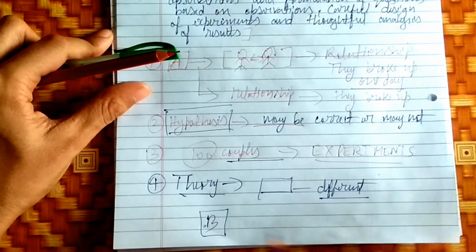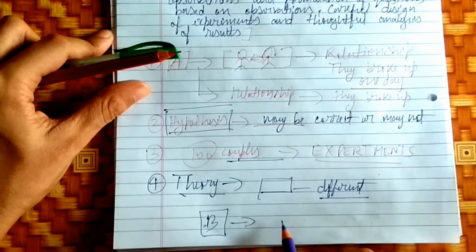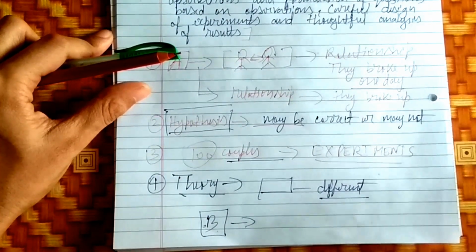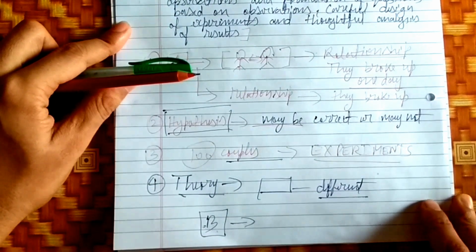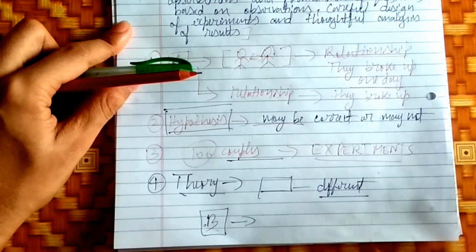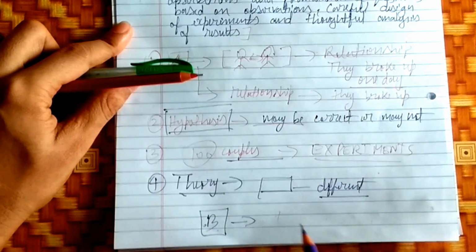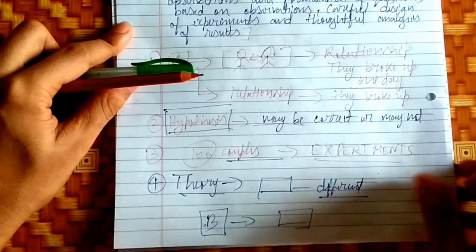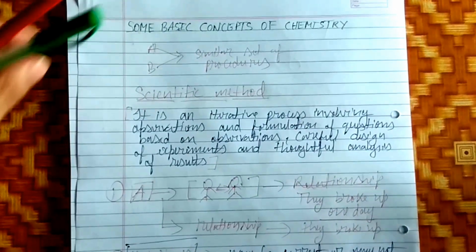But person B said that he has a few exceptions who came into a relationship and stayed together the whole life, which was not explained by person A. So this will be considered a drawback of the theory of person A. So this is how a theory has been developed until now, and this approach is known as the scientific method.